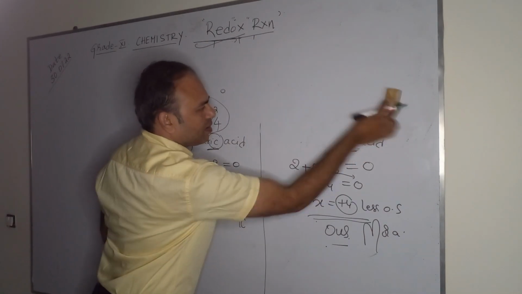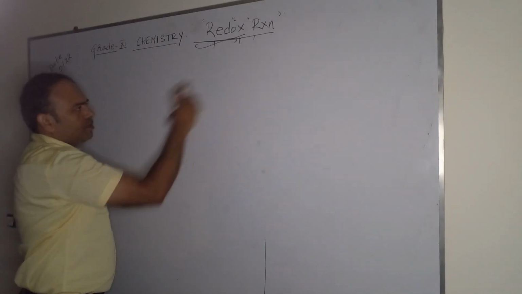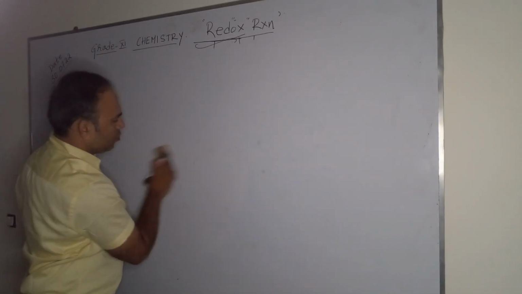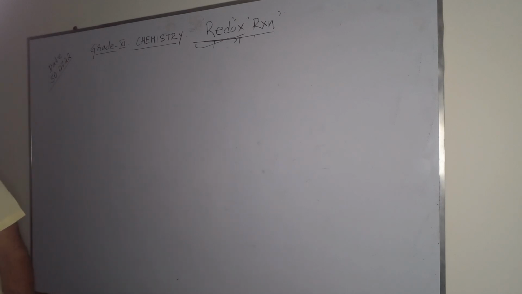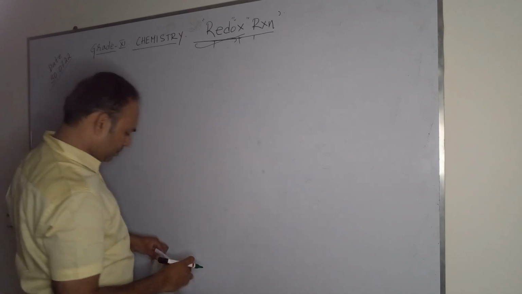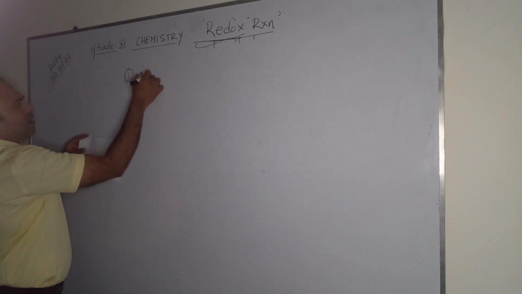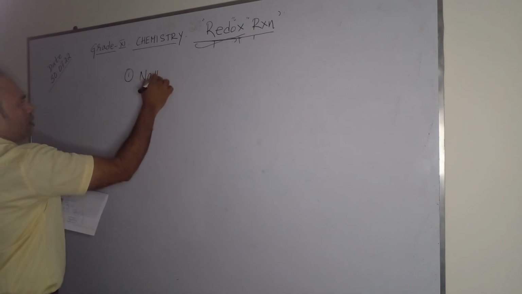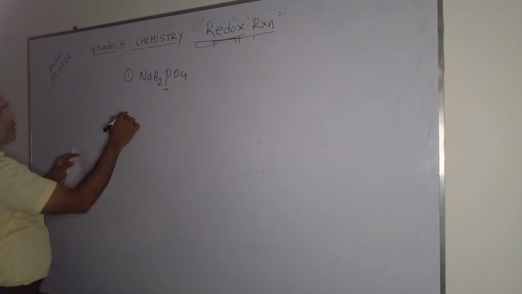Next. So using this, we need to solve one exercise which is given in your textbook. The first question they are saying is underlined, that is NaH2PO4, in that P is underlined.